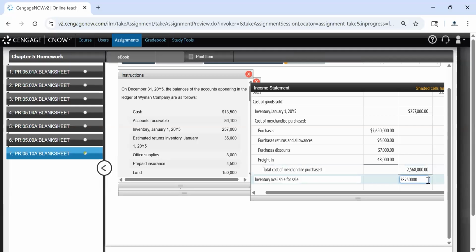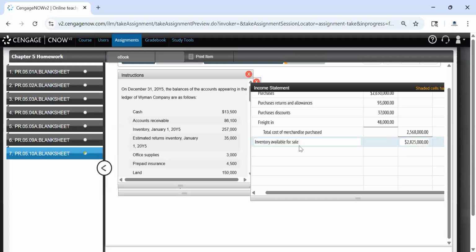That's our inventory available for sale.